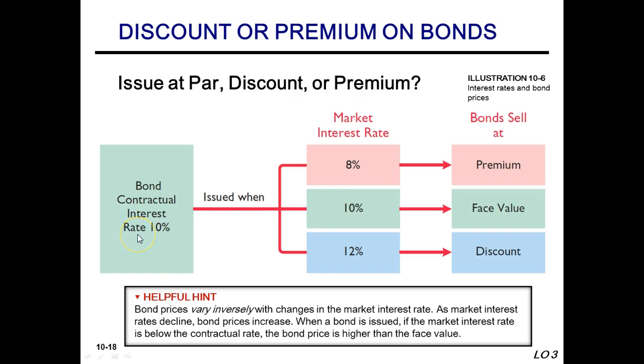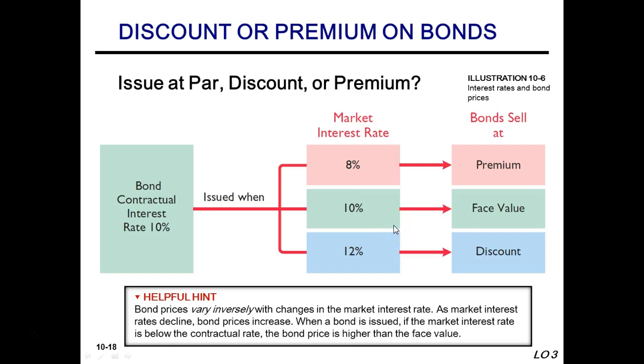When the contractual rate or stated rate is greater than the market interest rate, they're issued at a premium. When bonds are issued, a stated rate is 10%, and the market rate is greater than that, they're issued at a discount. Discount, remember, is anything below 100. Premium is anything above 100.